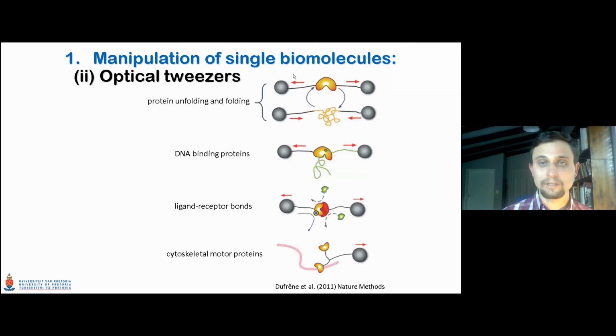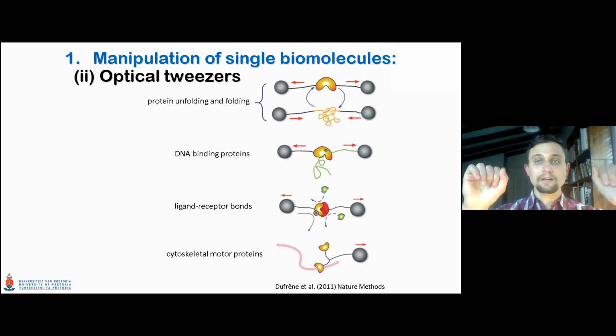Here are two beads trapped in two different optical traps, and these beads bind a strand of DNA on this side, a strand of DNA on that side, and a protein in between them. Now you can very finely control the position of these beads using the optical tweezers.